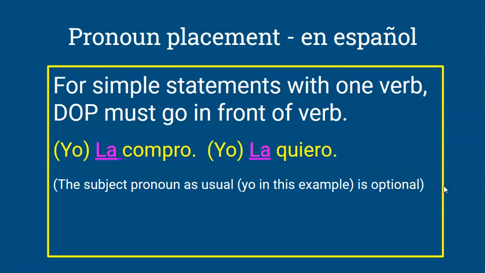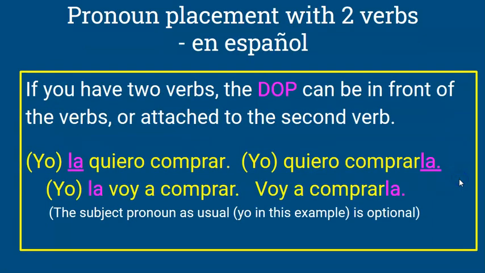In Spanish, there's certain requirements of where these pronouns are placed. For simple statements with 1 verb, this DOP must go in front of the verb. So that's why it's there. La compro, la quiero. The subject pronoun, as always in Spanish, is optional. Yo in this case, so that's represented there in parentheses because it's optional.